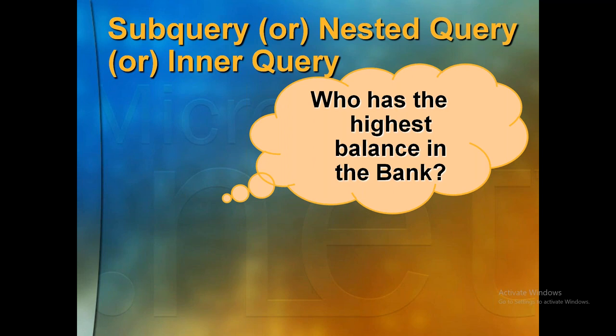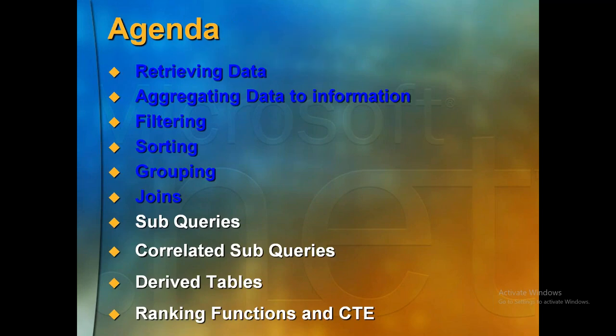So subquery is one more concept that you have to know. Tomorrow, we will see more on subqueries. Subqueries are of two types. One is the normal subquery, and the second is called a correlated subquery. These are subqueries only. One is the normal subquery, whatever we discussed.